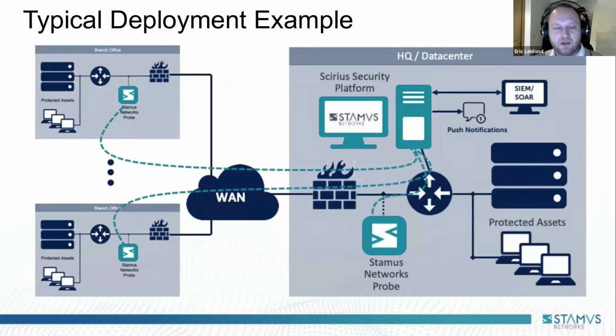So a typical deployment will look like this, with a central manager, and probes that can be local or in a remote branch office. Everything can be connected through the manager, which will collect the logs, allow you to manage the system and the upgrades, and also transfer the data to the SIEM or the SOAR and push notifications. We introduced at the end of last year a really powerful webhook system that you can use.